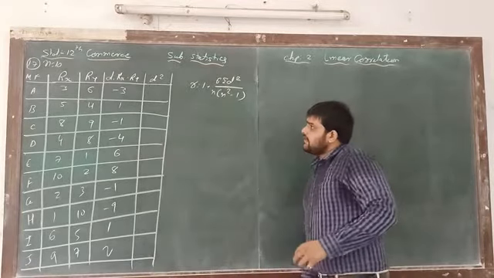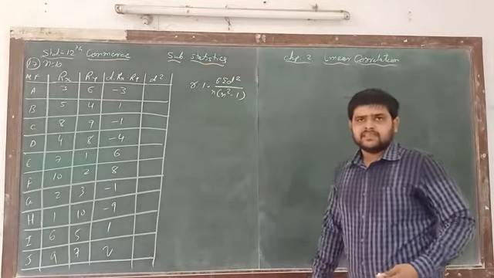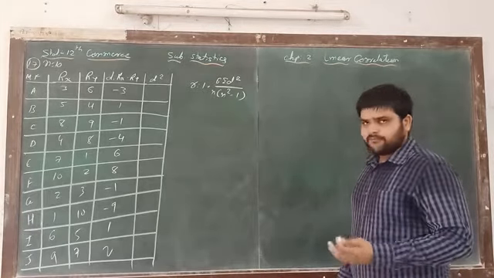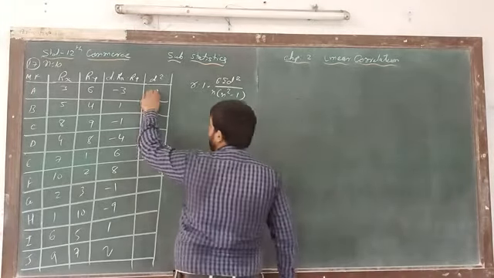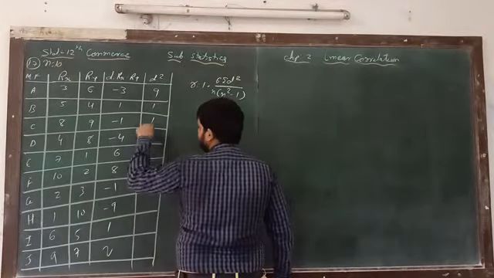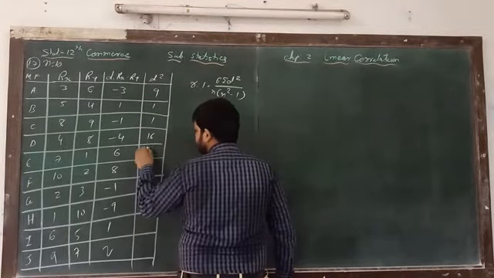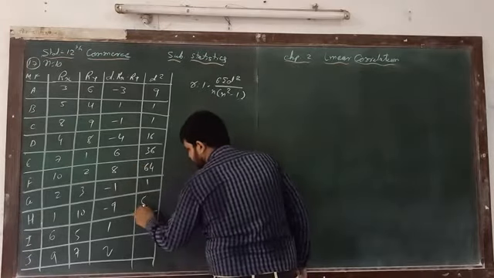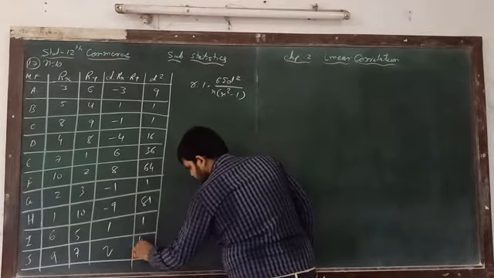So this is the answer of D. Okay, now D square, the square of D: 9, 1, 1, 16, 36, 64, 1, 81, 1, 4.